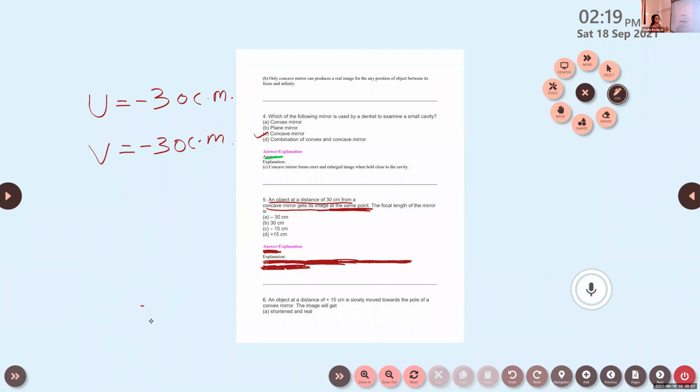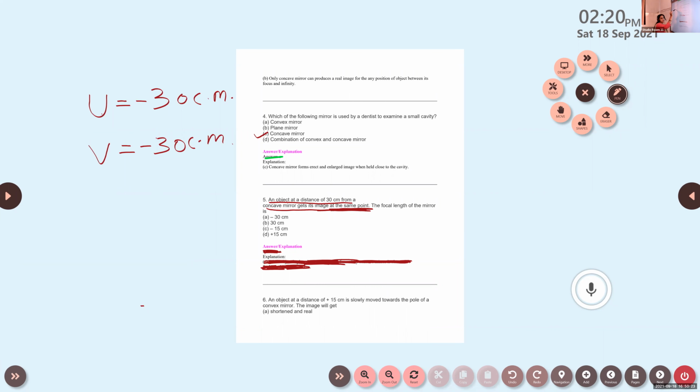Yes, negative 2. Once again, I will explain. Read the question carefully. An object at a distance of 30 centimeter from a concave mirror. We know that whether it is a concave mirror or a convex mirror, the object distance U is equal to minus 30 centimeter. Then it produces an image at the same point. Same point means the image is also formed on the left side of the mirror.